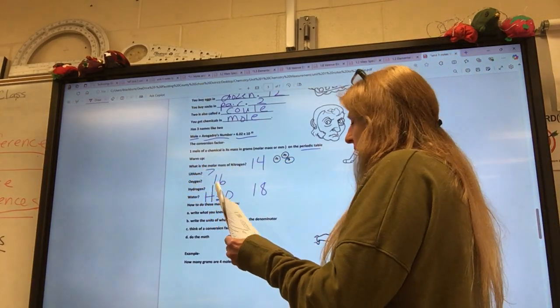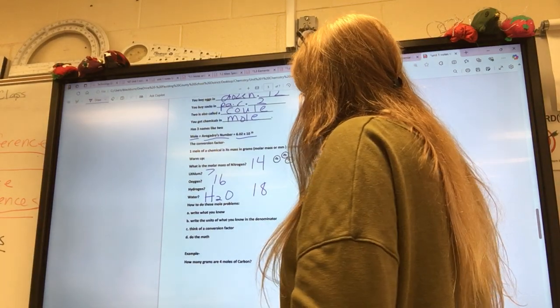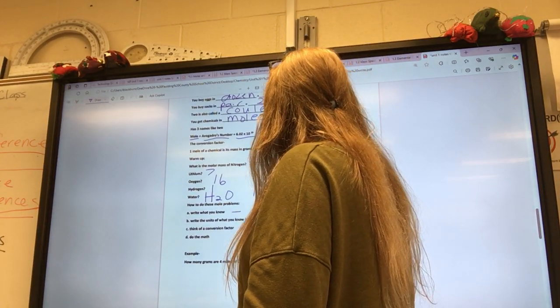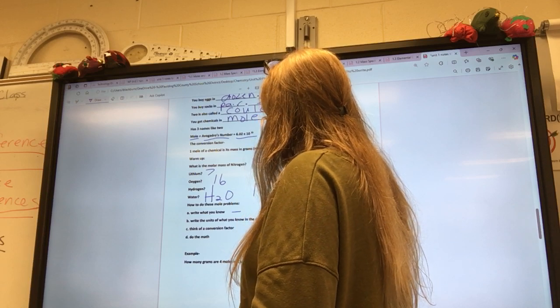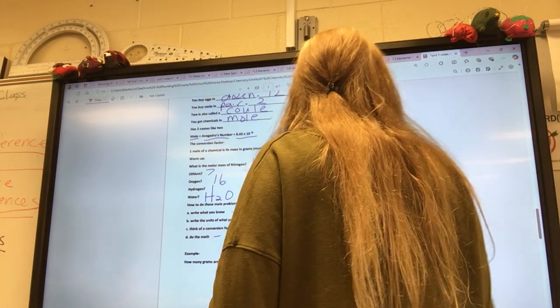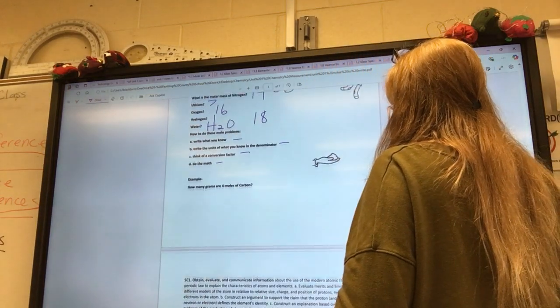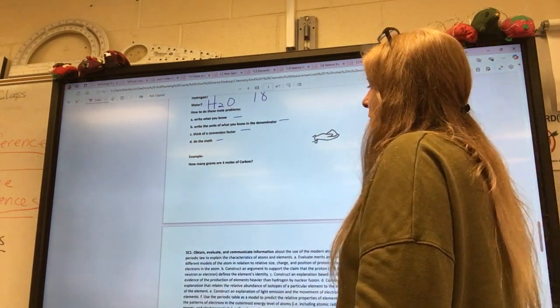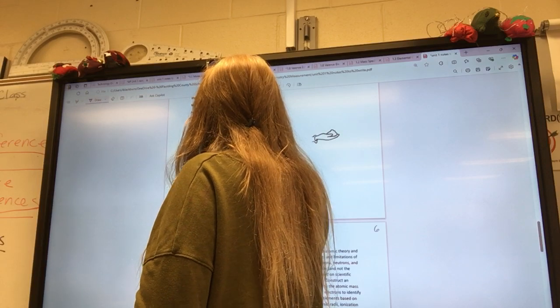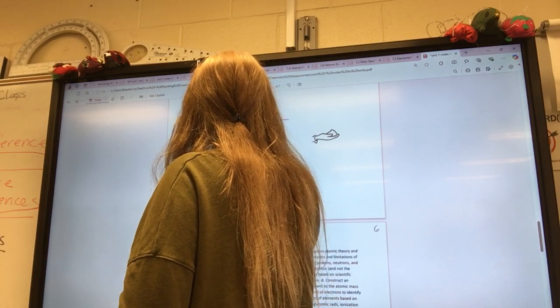Okay. So how you do the mole problems. Once again, you're going to write what you know. You're going to write the units of what you know in the denominator. You're going to think of a conversion factor and do the math. So let me show you what I mean by this. How many grams, so I'm going to put a question mark over grams, are in 4 moles of carbon?